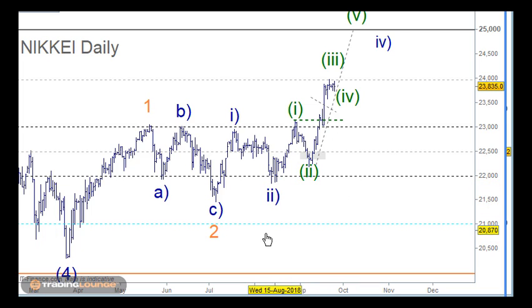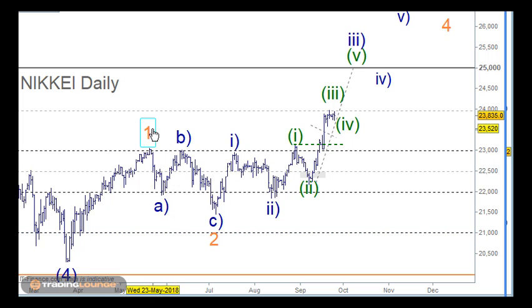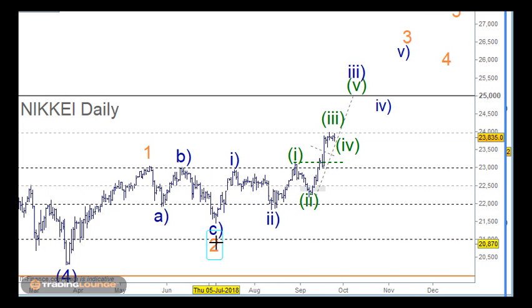In terms of this moving to the upside, as you can see, we're in wave 1 here and wave 2 here, and we're moving up into 5 waves up in blue for wave 3. Within wave 3 we're looking for 5 waves of the next degree lower, as 1 and 2 and 3, and 4 and 5.